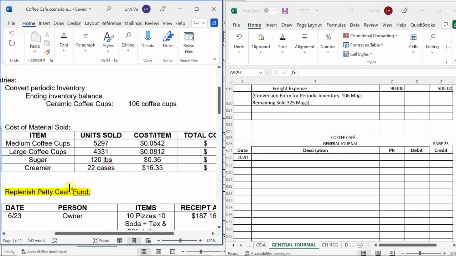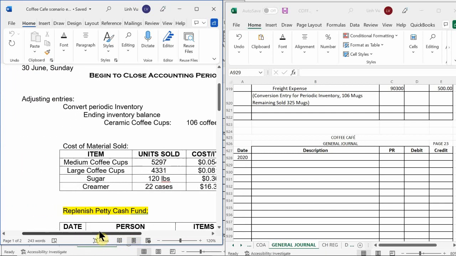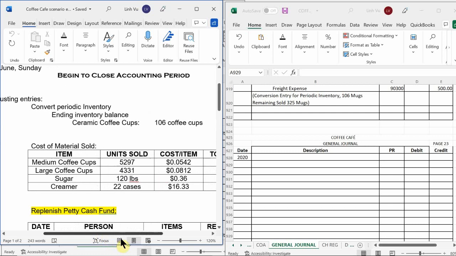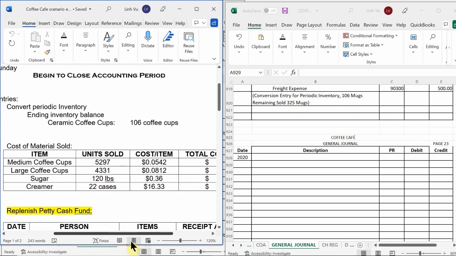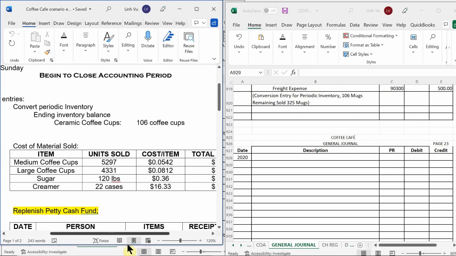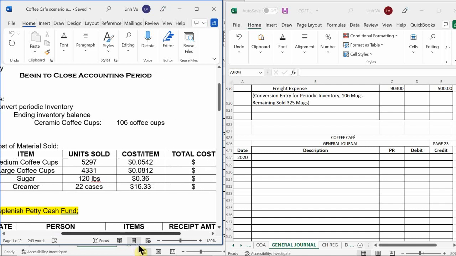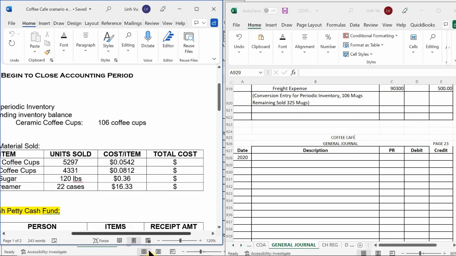Now it tells us that we need to adjust our materials, because in this case we ended up using a lot of the coffee cups. We used the medium coffee cups because we sold them to our customers. We also used our sugar and creamer. In this case, I've already given you the units sold as well as the cost per item.